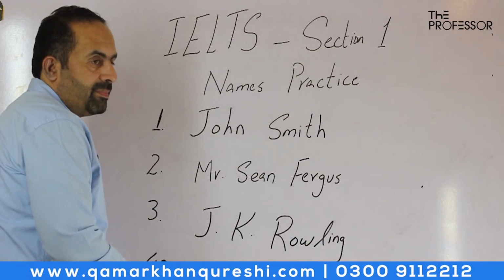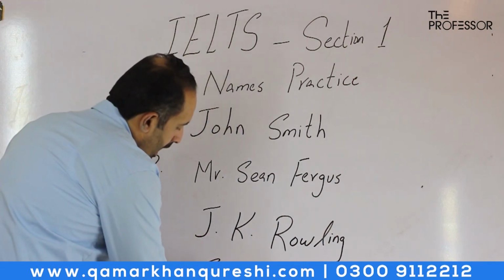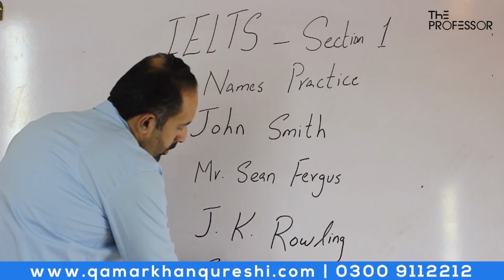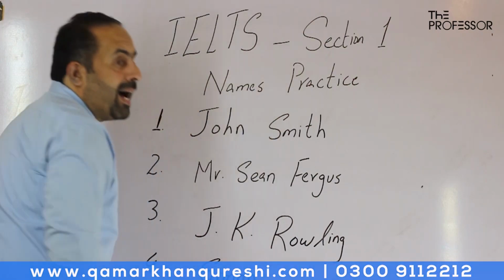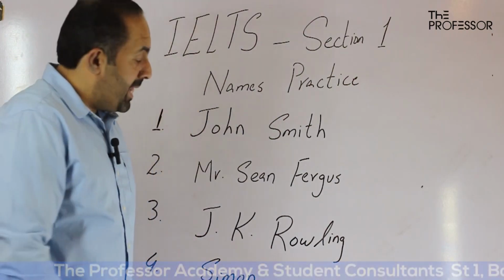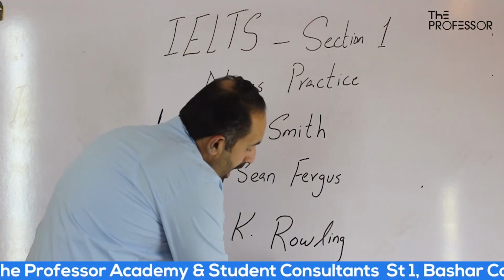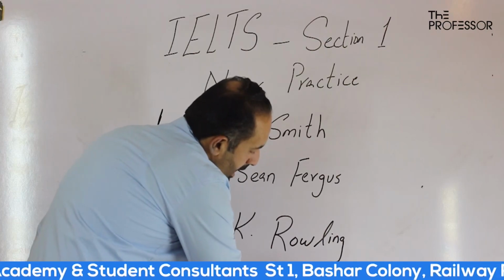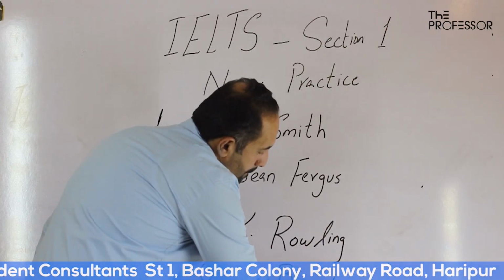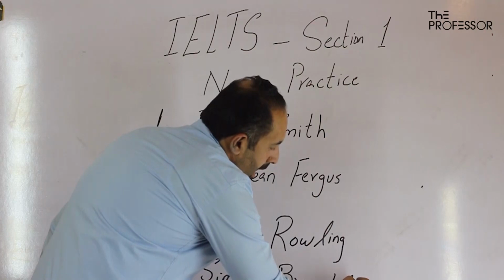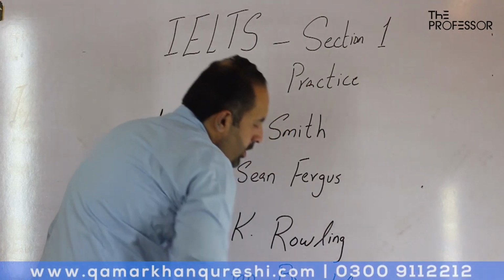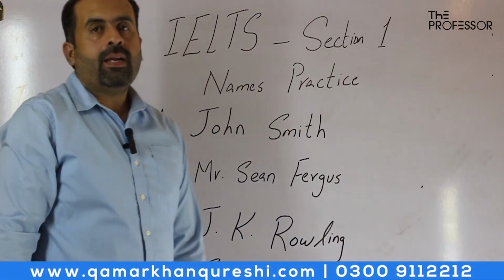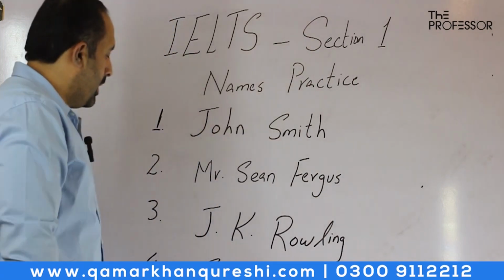Fourth one is Simon Bramling. This is how you spell Simon. And I spelled this out for you guys. Bramling. Got it? Yes, sir.